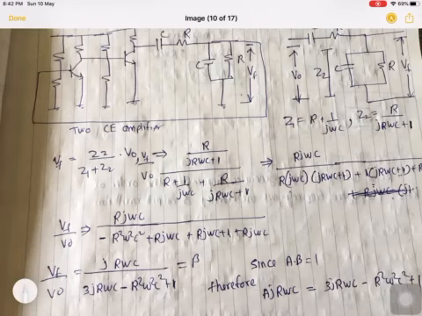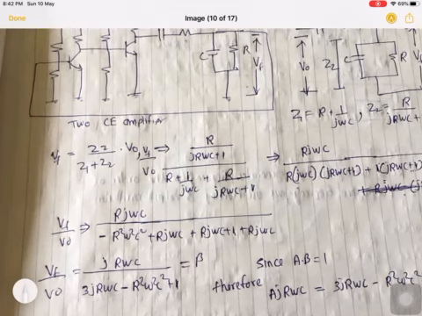Since we know from the Barkhausen criterion that A times beta is 1, multiplying with A and equating to 1, the numerator becomes A j R omega C, and the numerator multiplied with A equals the denominator.